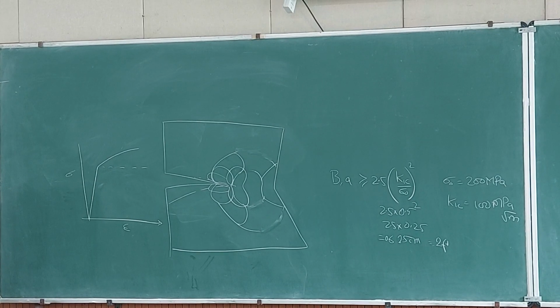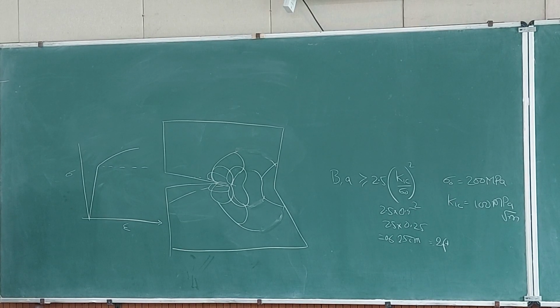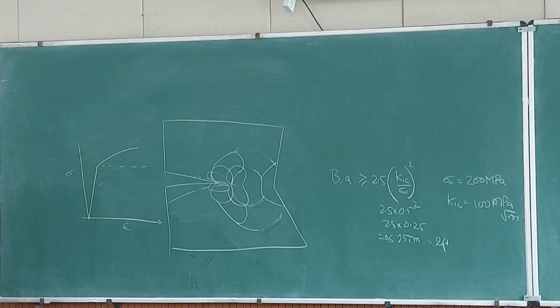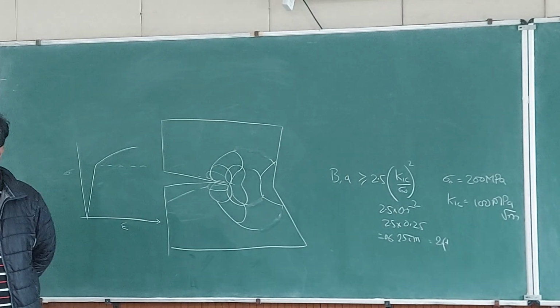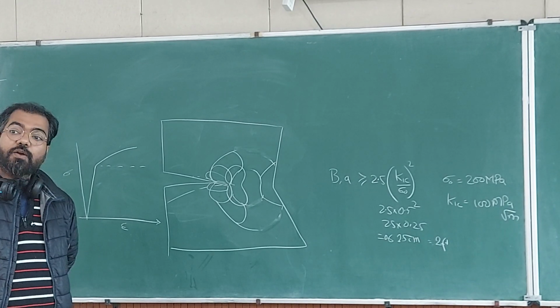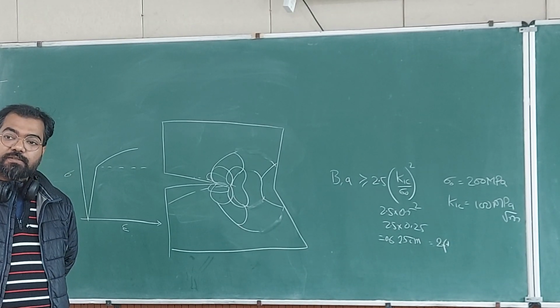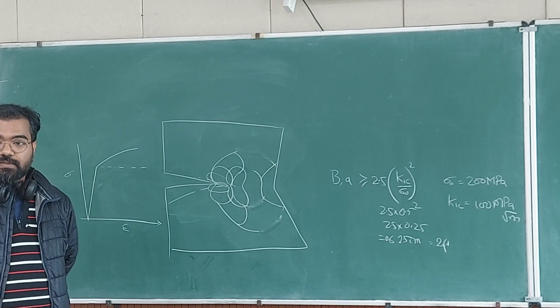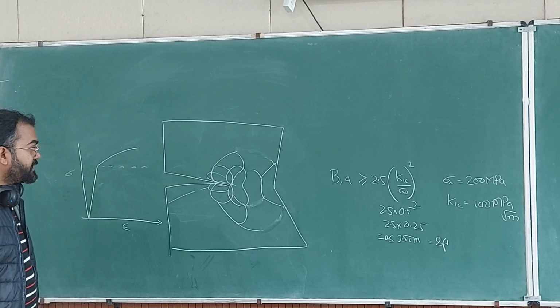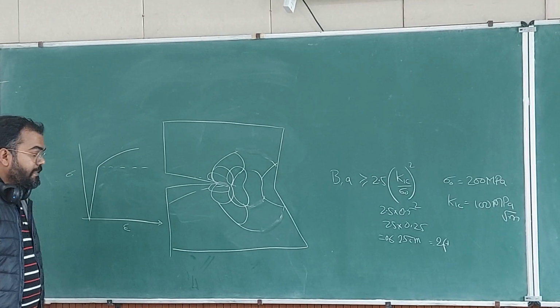Yes. With increment in, yeah, it will decrease. So you can calculate again K1C by sigma naught. So K, whatever K you are applying, that is increasing, that is applied load, right? And sigma naught is also increasing, because now you have strain hardening. So the plastic zone is going to decrease with the strain hardening, or strain hardening material. Okay. Okay.